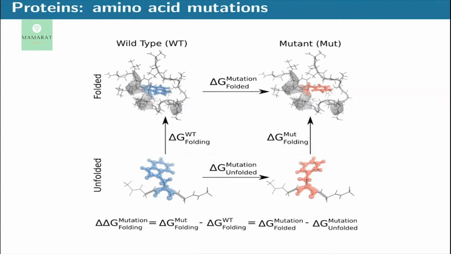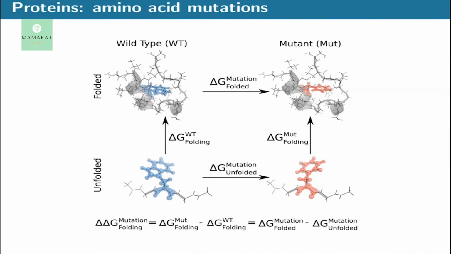But we can do it alchemically by going in the horizontal directions and obtaining exactly the same delta G. Of course, such a simulation is not a standard one anymore. If we need to actually mutate an amino acid on the fly, right, it requires a special treatment of our structures and topologies that we provide to the molecular dynamics simulation engine. We are using GROMACS in this case.